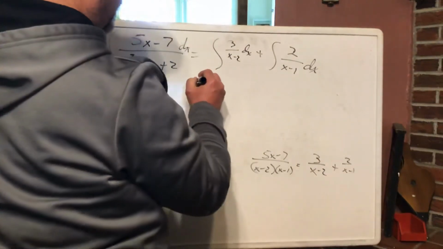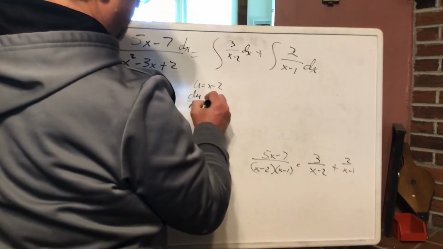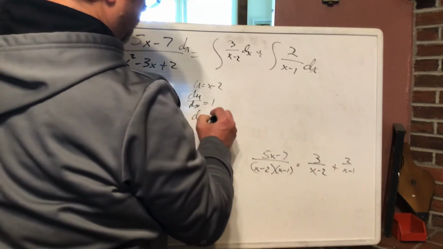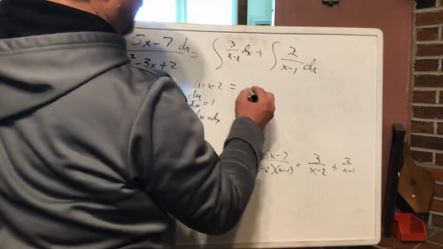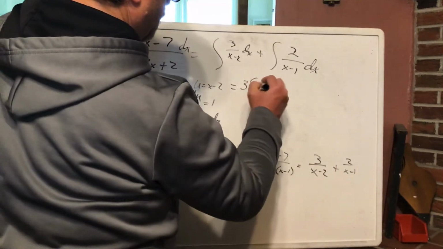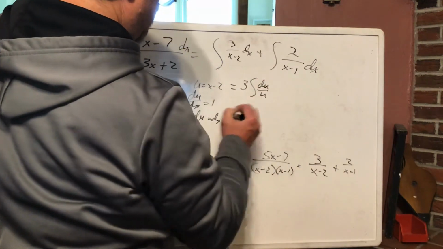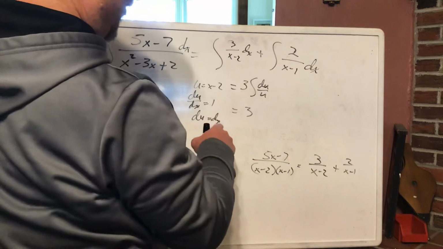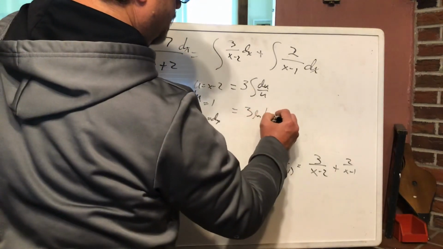For the first one, I say I'll let u equal x minus 2. du dx is 1, which means du is equal to dx. So that becomes 3 times the integral of du over u, which is going to become 3 natural log of x minus 2.